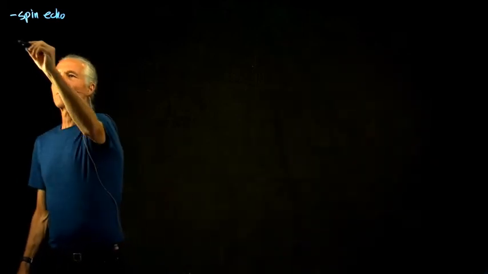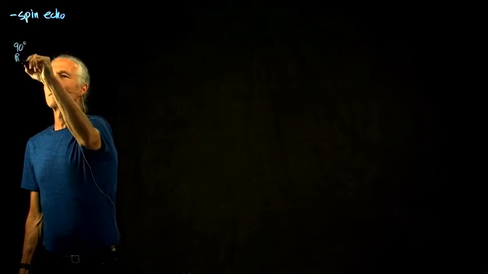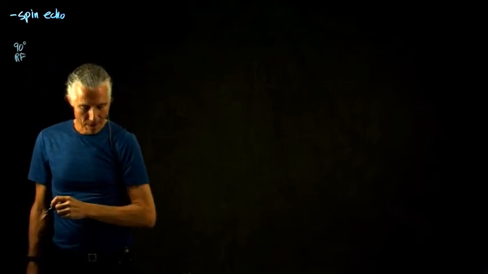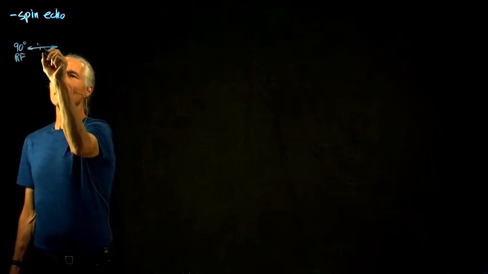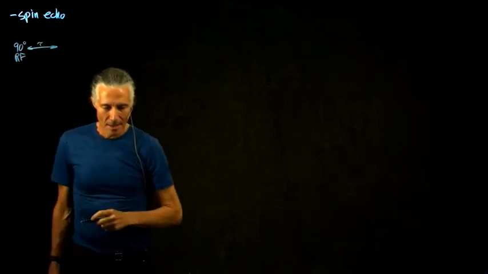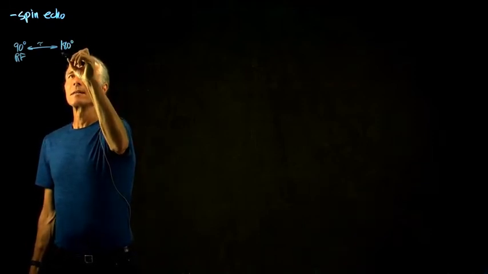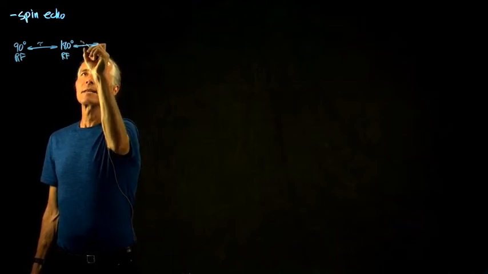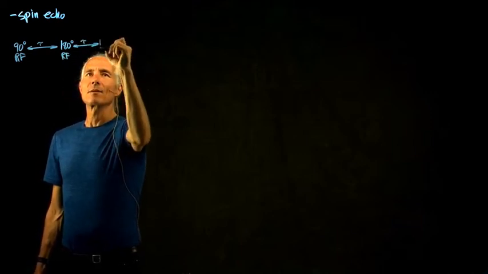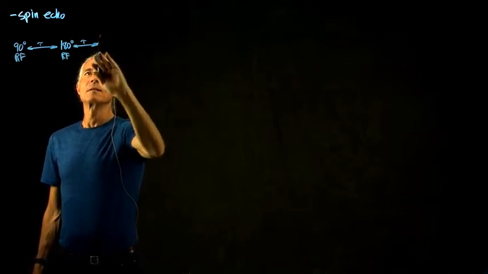In the SpinEcho, we do a 90-degree RF, and then we wait for a certain delay. So here's that tau delay. And then we do a 180 degree RF. And then we wait for that tau delay again. And then we record the echo. So here's the echo.